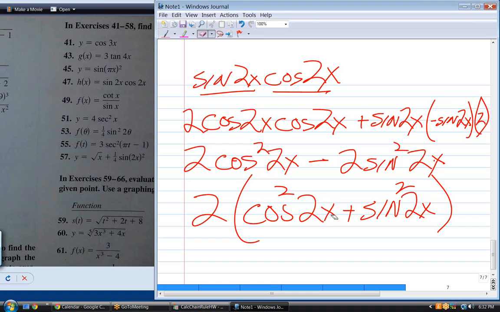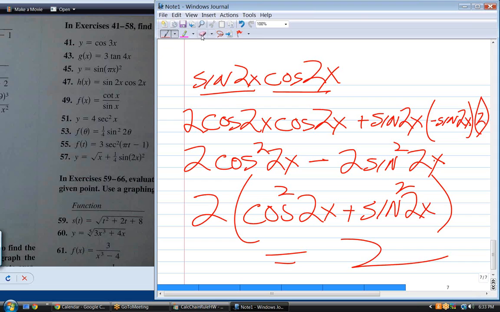Whether it's 2x or x, it doesn't matter. It could be cosine squared of 15x plus sine squared of 15x, that's 1. So I would replace that whole thing, that whole thing is going to be equal to 2 times 1. So sometimes you want to simplify, others you don't.